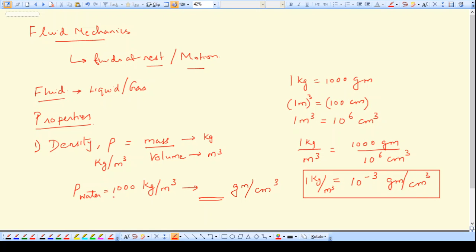Here the density of water is 1000 kg per meter cube. Written in grams per centimeter cube, it is 1000 into 10 power minus 3 grams per centimeter cube. So the 10 power minus 3 and 1000 get cancelled and you will get 1 gram per centimeter cube.